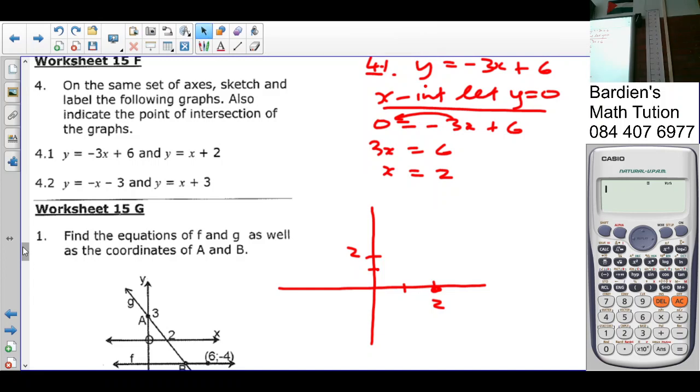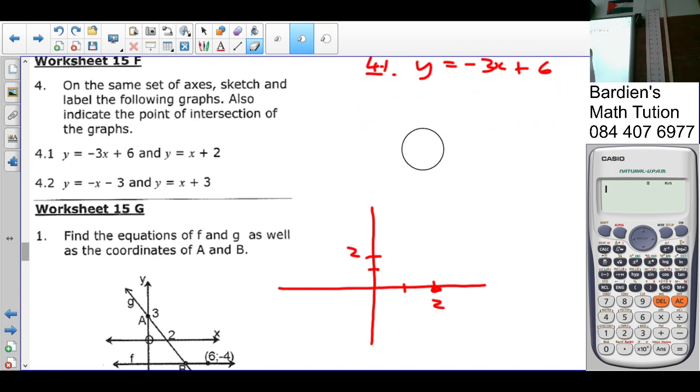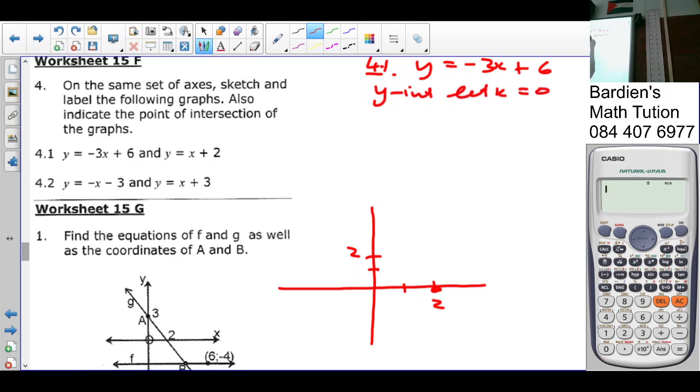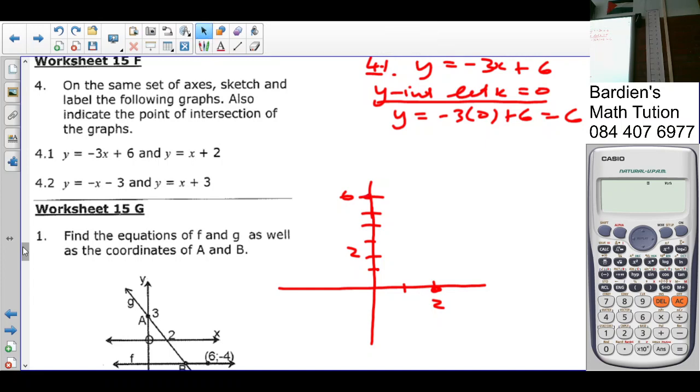So what do I do thereafter? I work out a y-intercept. What do you do for y-intercept? x equal to 0. So we've got y is equal to negative 3 times 0 plus 6, which is 6. So it's 2, 3, 4, 5, 6. Can you see that, people? So the graph is going through 6 and 2.